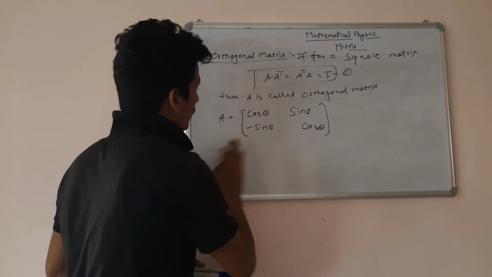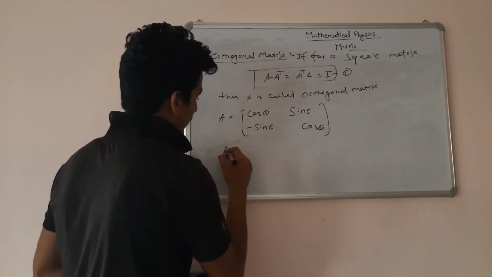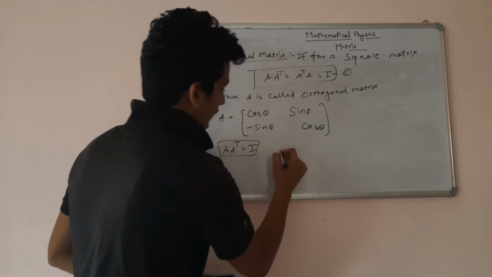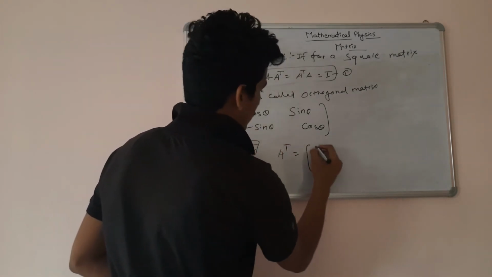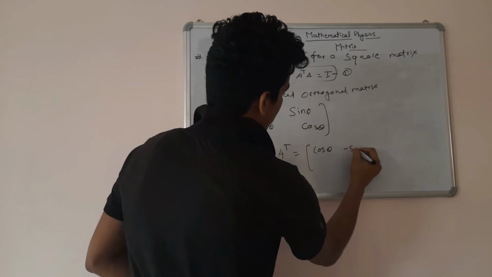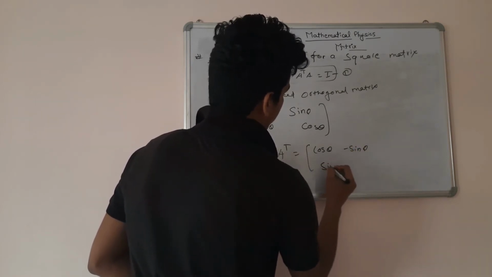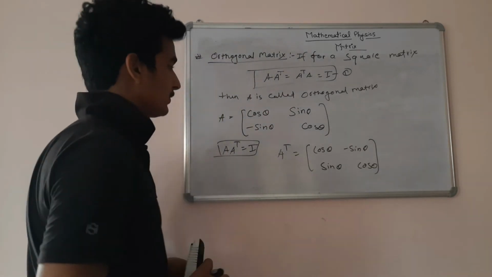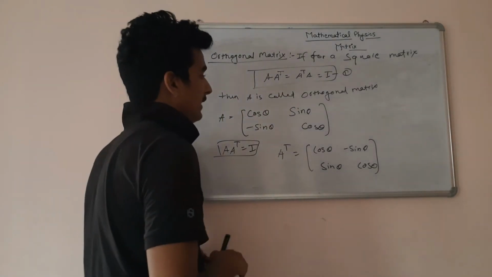What is the condition for a matrix to be orthogonal? That A transpose A equals the identity matrix. Now take the transpose of this matrix. We get cos theta, minus sin theta, sin theta, cos theta. So this is the transpose. Now multiply these two matrices.